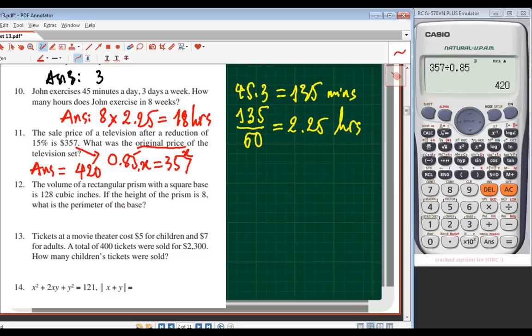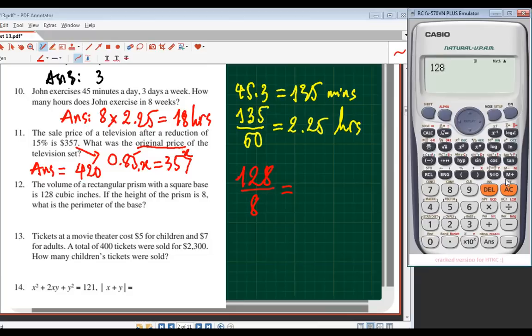We divide the volume by the height. That is 128 divided by 8 equals 16. Now the number 16 is the area of the base.